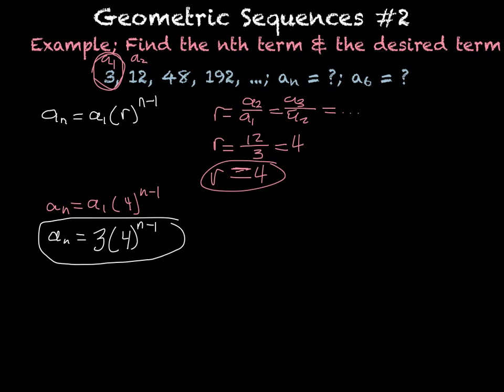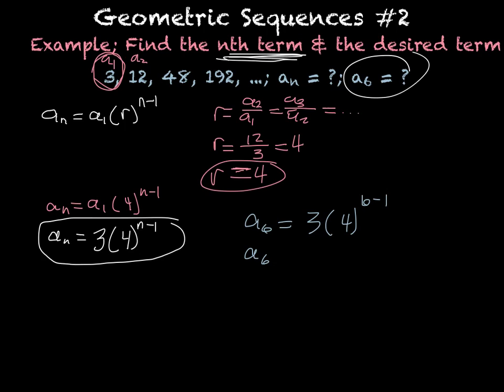And that is your nth term. Now I need to find the desired term, which in this case is a sub 6. So I put 6 in for the n.